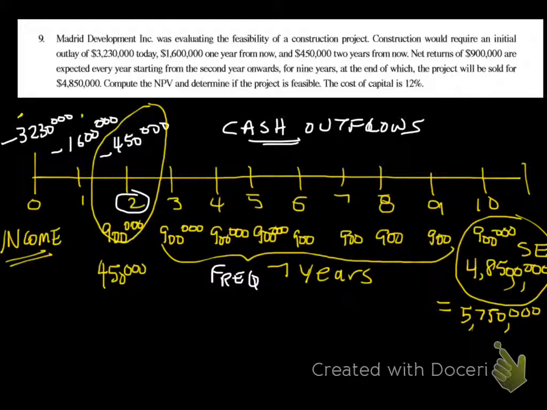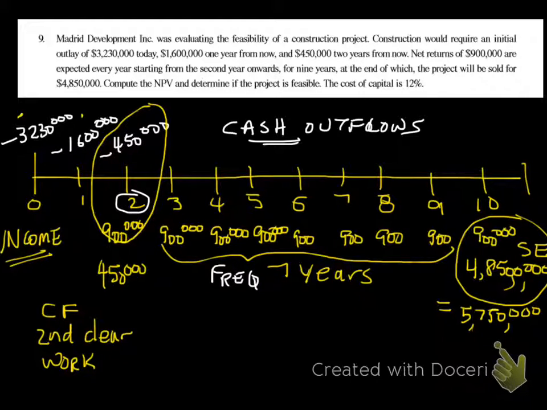So now what we're going to do is make sure that we turn on our calculators, and we're going to enter in CF, and then we're going to press second clear work to make sure that we clear all of our registers. So make sure that you know where that is. Then we're ready to start entering in our initial value.